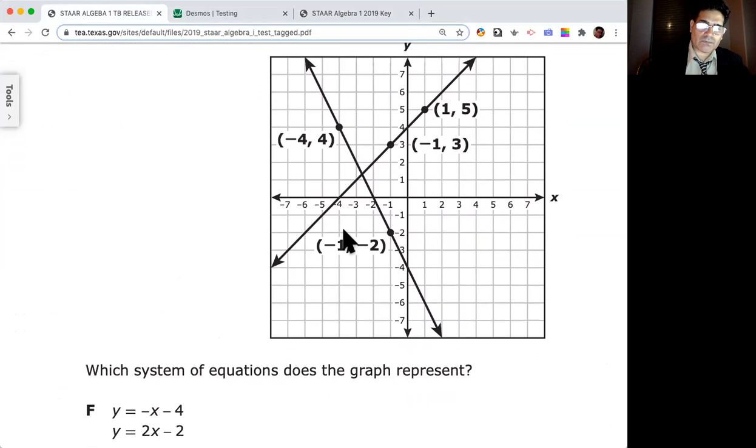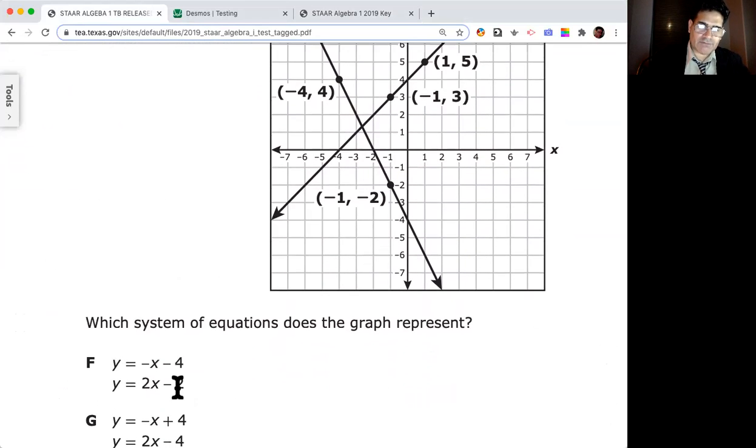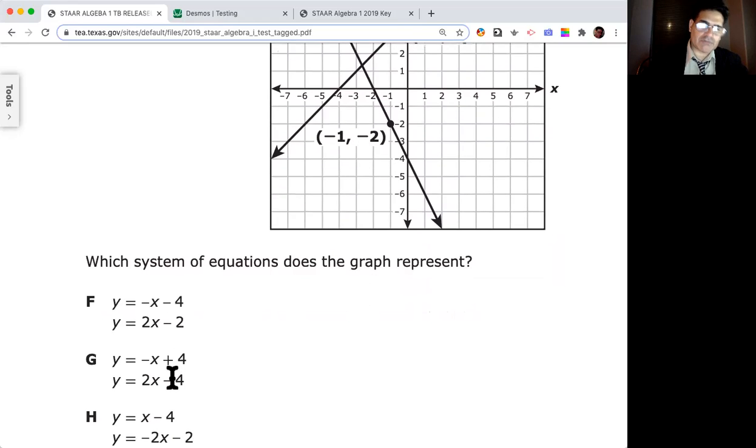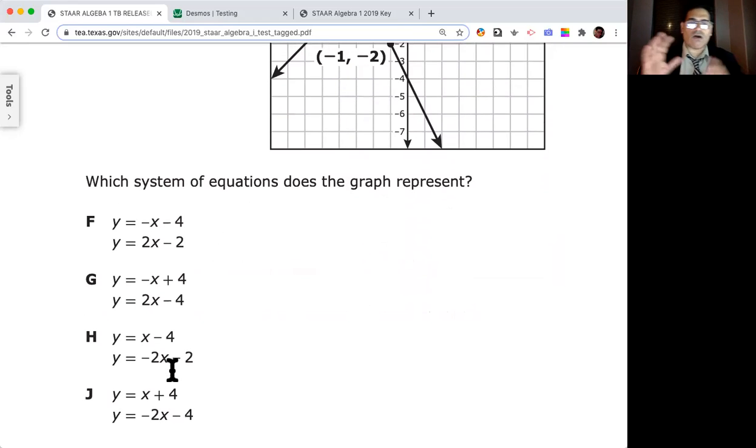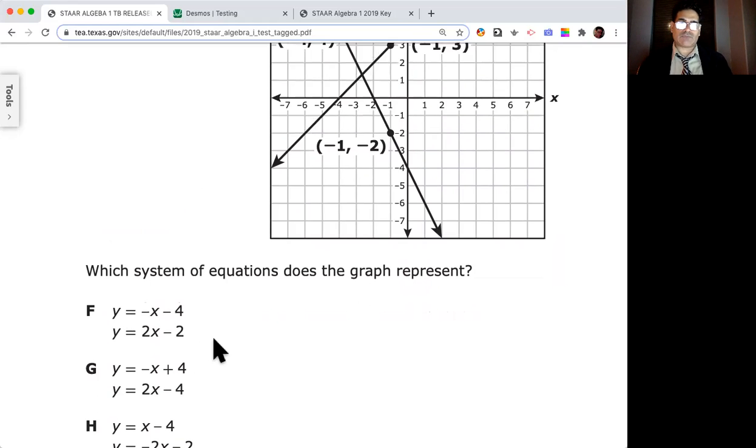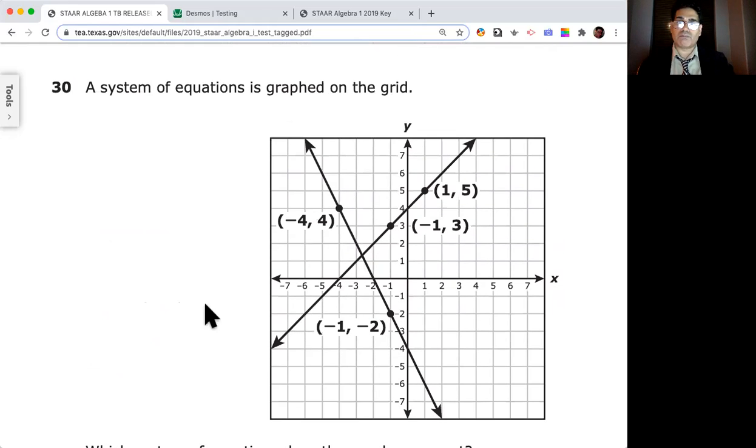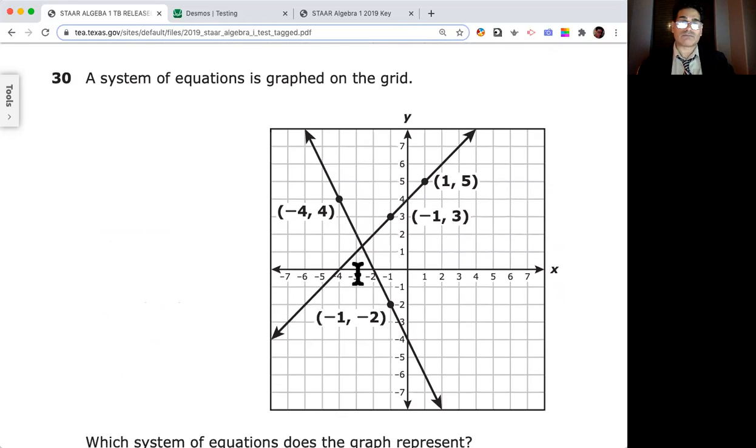I have a pair of equations here, all in standard slope format, y by itself, and we just have to have both lines represent both lines here.